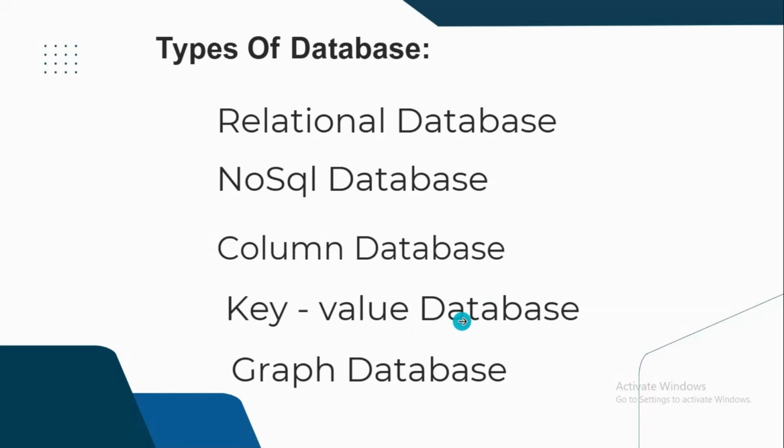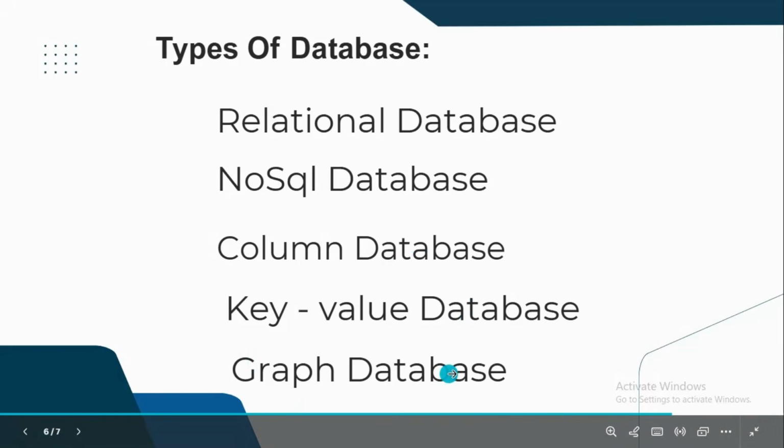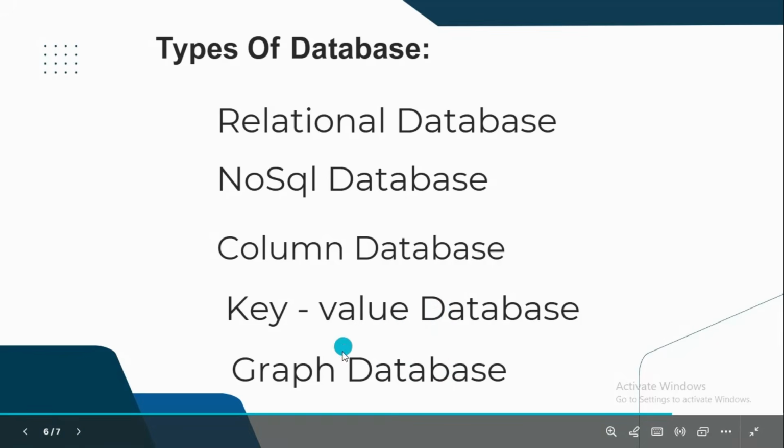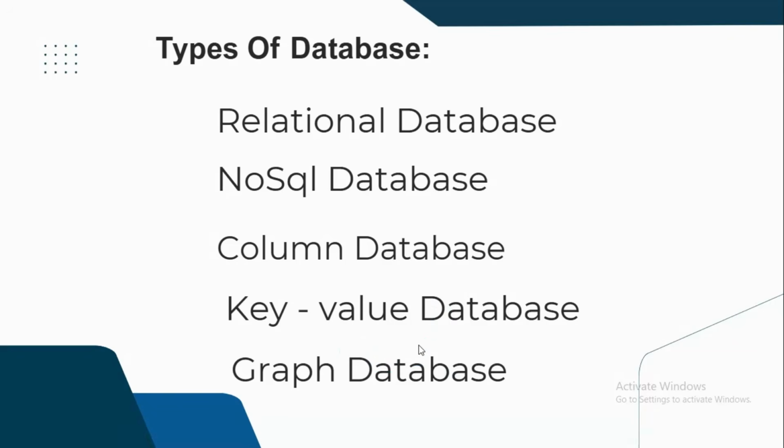Then we have a key value database, a collection of keys and values, making it well suited for cache and simple data storage needs. Then we have a graph database. Graph databases are used to store and query graph structure data, such as social network connections and recommendation systems.